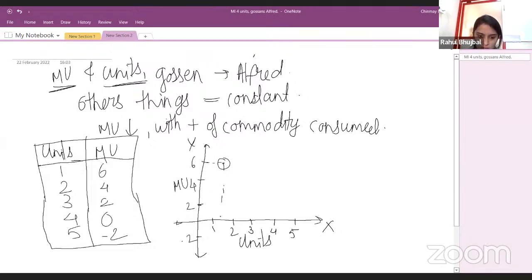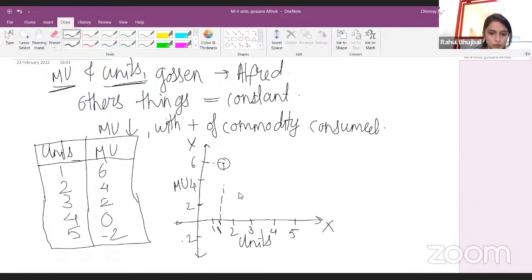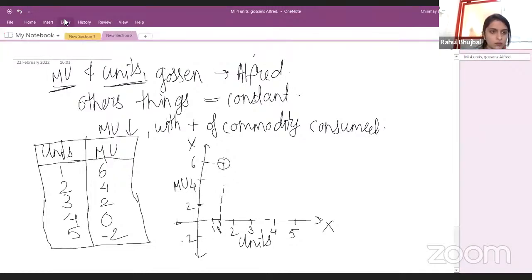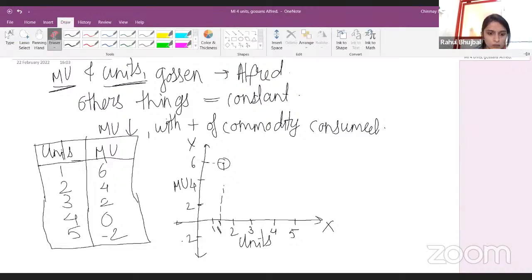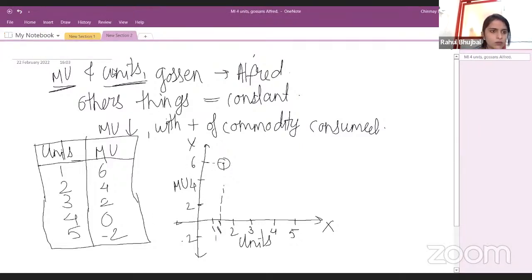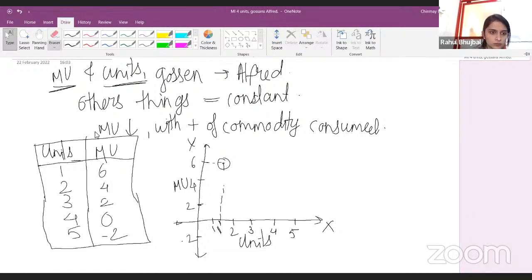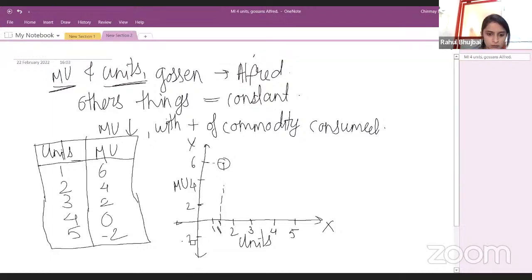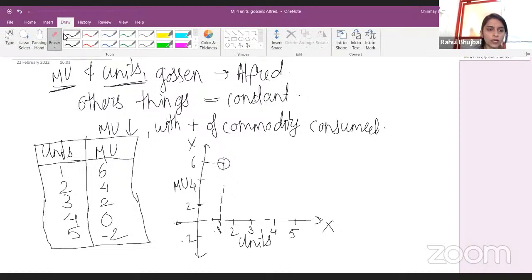This is the way, and of course I am unable to show it properly. Are you able to understand how we are going to draw those points?